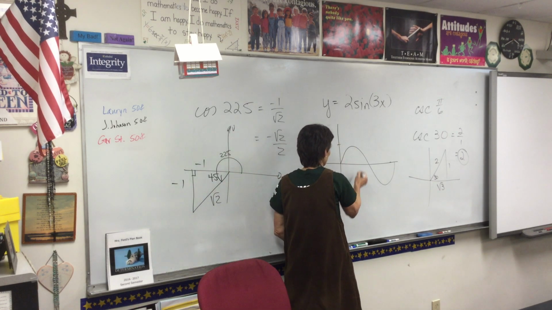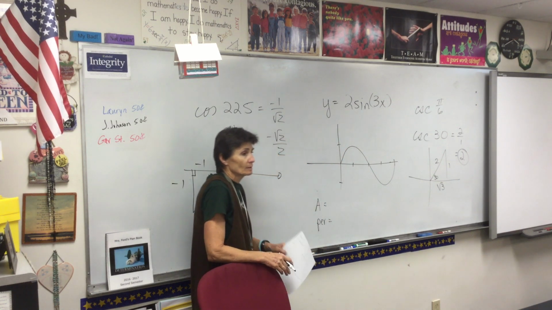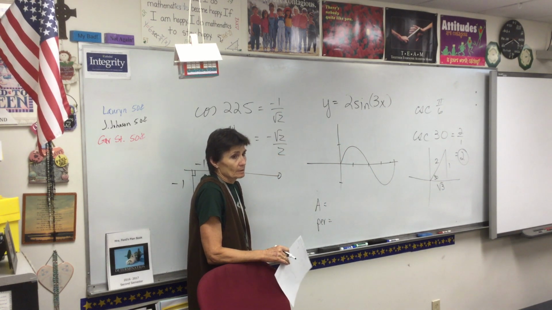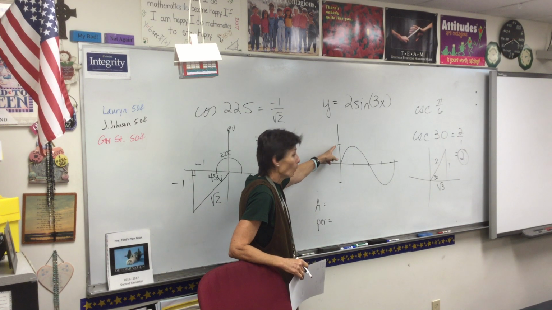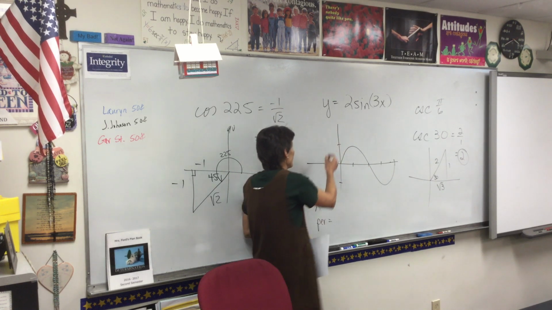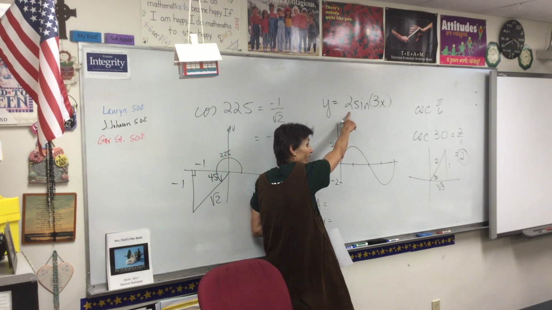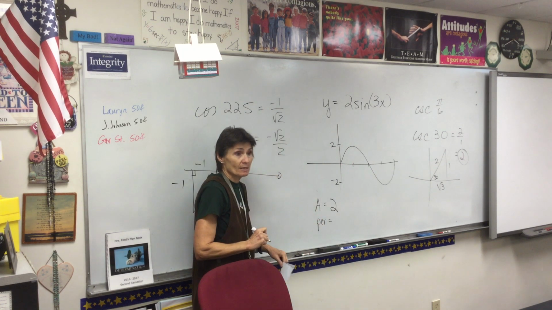Now to get the rest of the credit, you got to come up with these labels. So we remember what the labels are supposed to be. This is supposed to be a 1. But what happened? It's going to be a 2 because it got times by 2, which means my amplitude is 2.